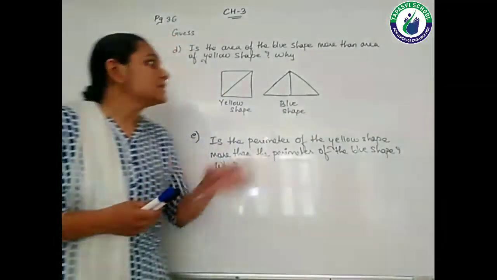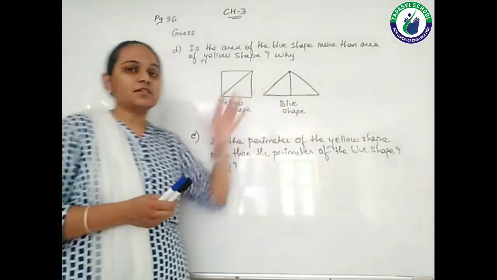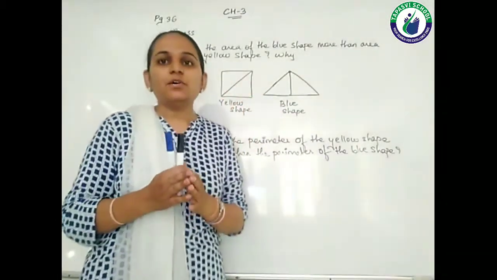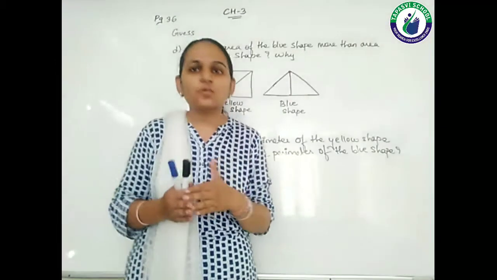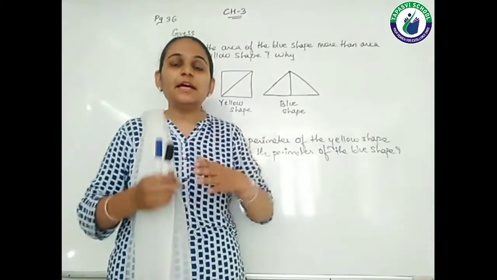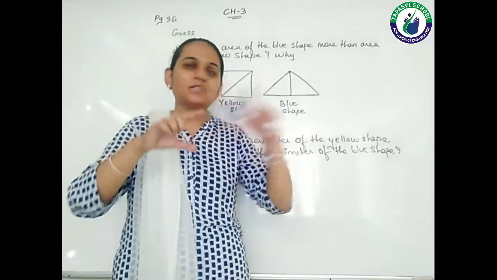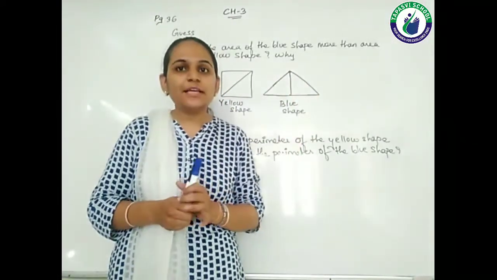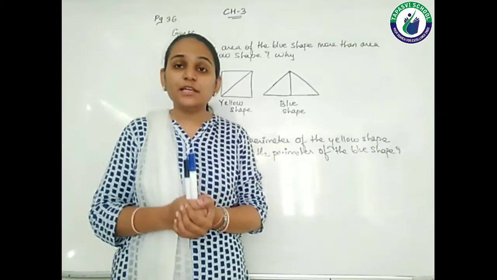Right or wrong? See, if we look at both the figures, students, consider it as your sandwich. Now if we cut the sandwich in half, what do we get? We get a triangle, right? Now you just place the triangles in this format. Will the area be different?